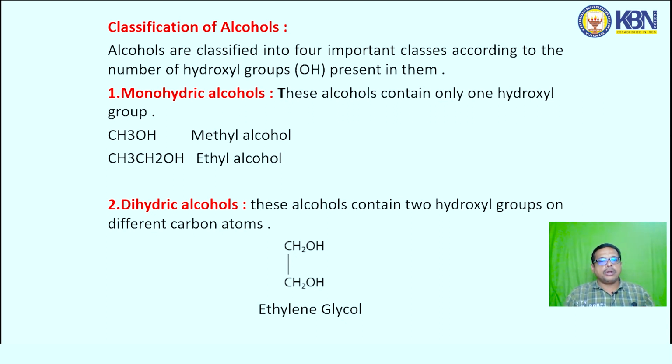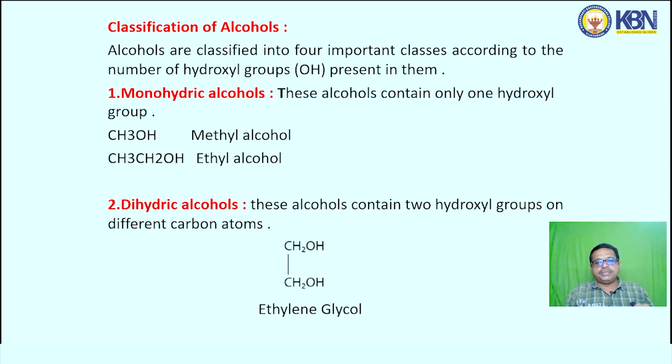The first one is monohydric alcohols. These alcohols contain only one hydroxyl group. Example, methyl alcohol. In this structure, one OH group is linked to a methyl group.